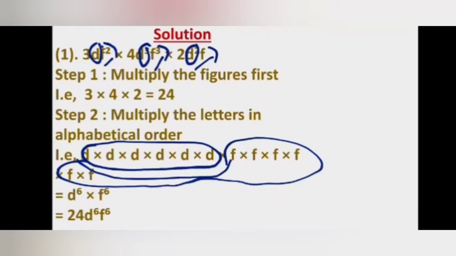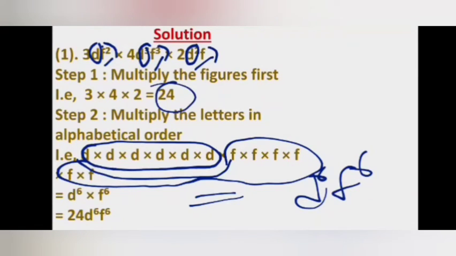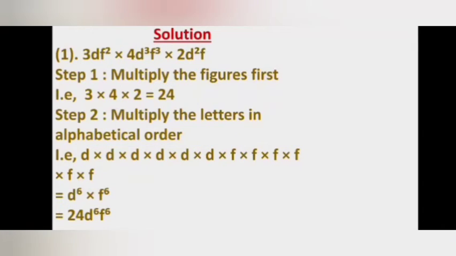So we have d raised to the power 6 times f raised to the power 6. Don't forget we have the 24 already that we multiplied. So just join them, and that gives you 24d raised to the power 6, f raised to the power 6 as the answer. Hope that was very simple.